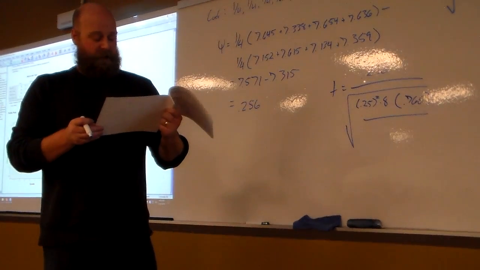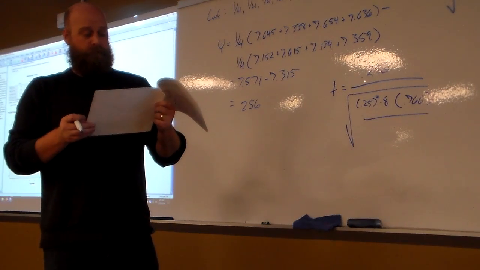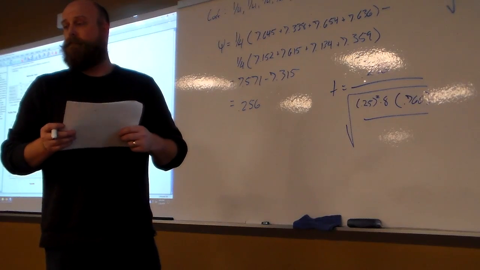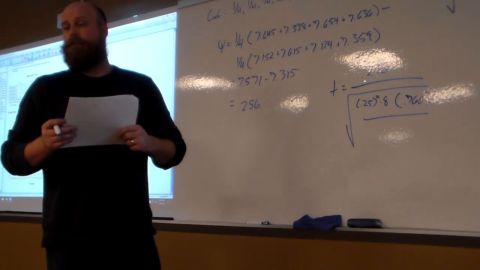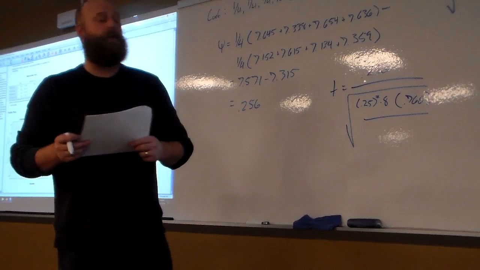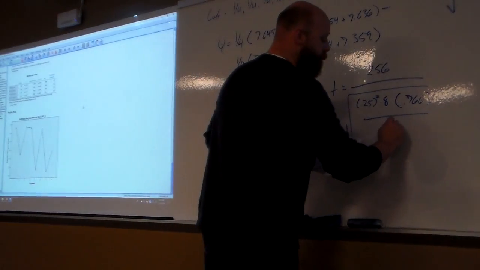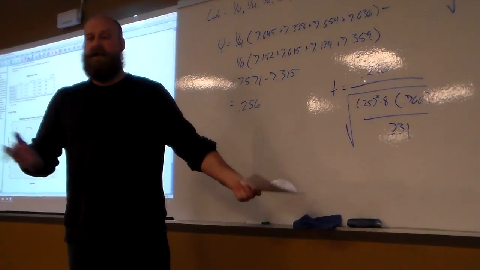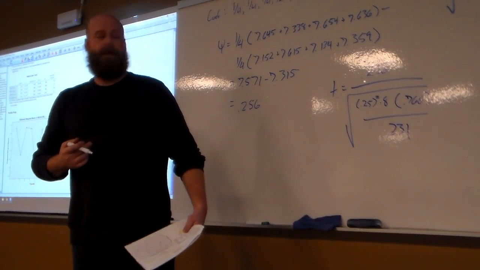How many people do we have in each cell? 231. So this functionally ends up being, for our one-way design, just how many people you have in your design, right?